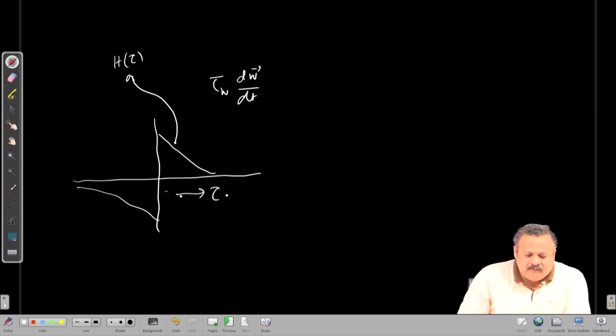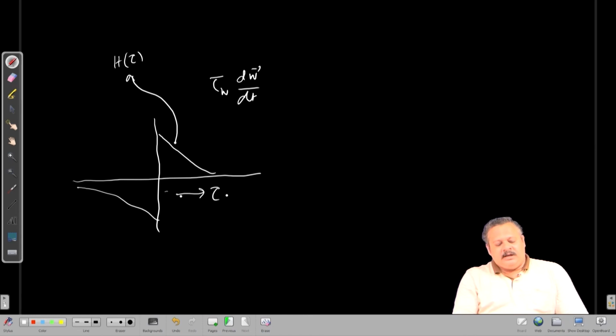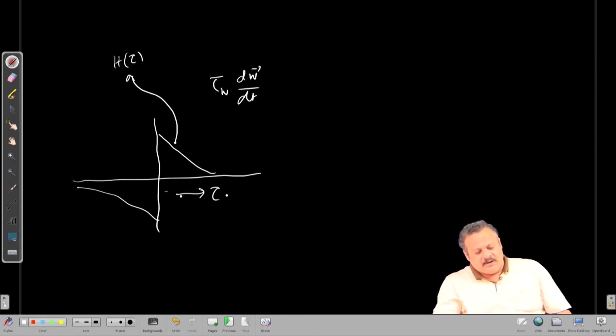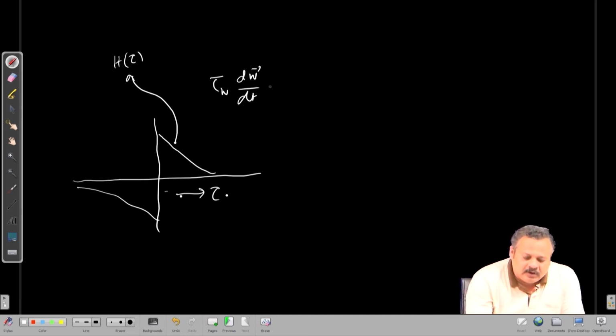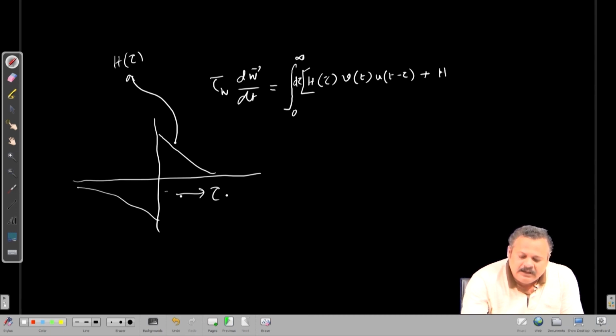So, if we assume that over time all of the spike time differences are actually getting implemented, and there is a continuous spiking going on in terms of the probability of spiking occurring, and so sort of the ensemble average, then this dw dt can be represented by an integral from 0 to infinity of h tau times v t and u t minus tau, d tau, plus h of minus tau v of t minus tau u t.